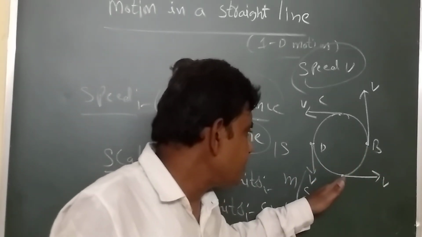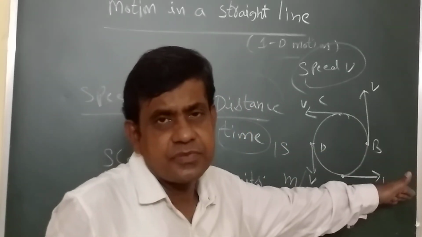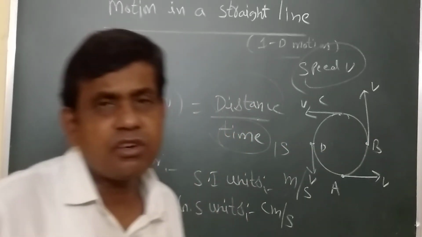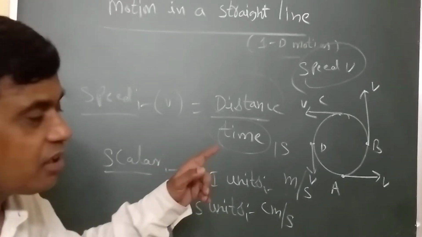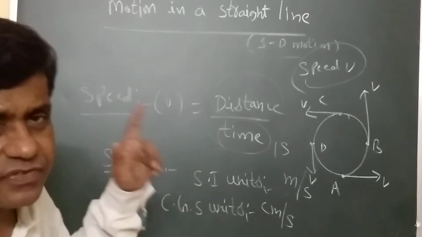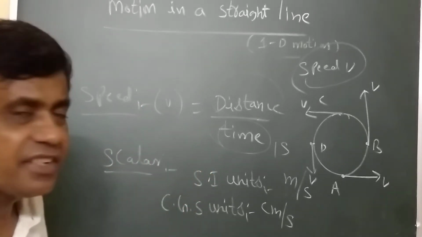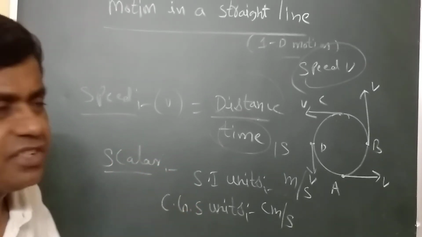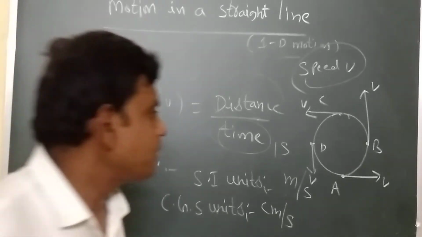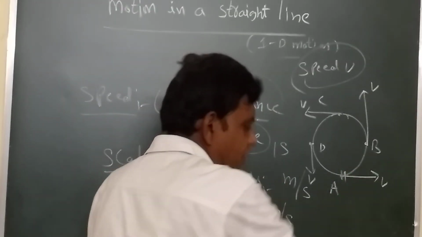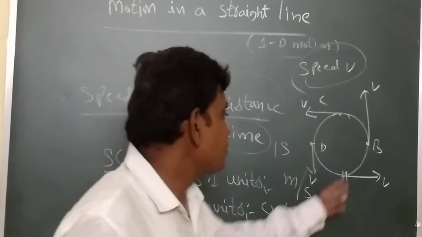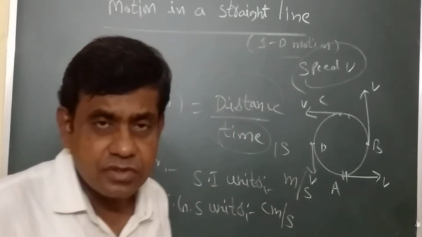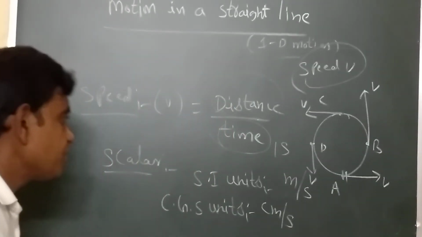At one particular position, you draw a tangent that gives the direction of velocity. That is called instantaneous velocity. Instantaneous means a very small displacement at a particular instant, with corresponding very small velocity.